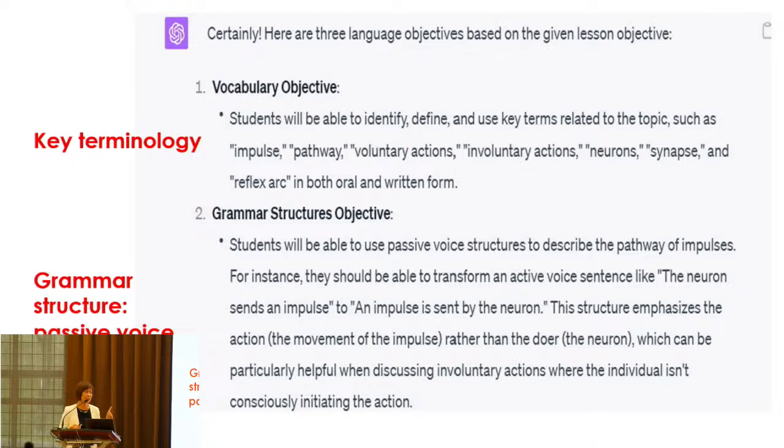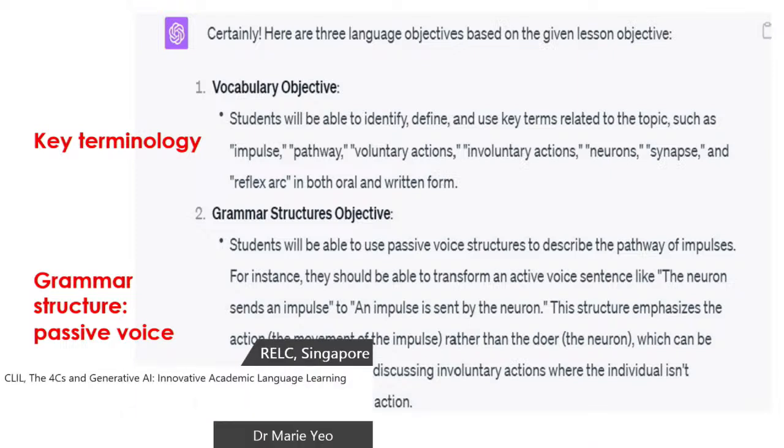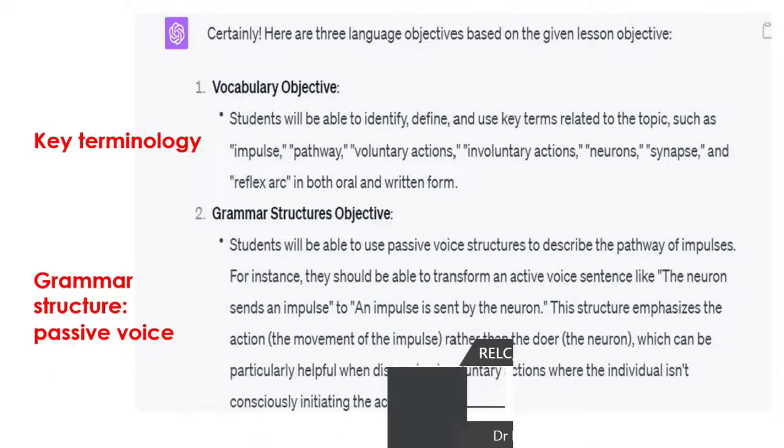Now, in this particular case, ChatGPT said, teach passives, because students need to write something like the neuron sends an impulse, but they actually need to change it to an impulse is sent by the neuron, and ChatGPT explained why this should be in the passive. ChatGPT said, this structure is good.